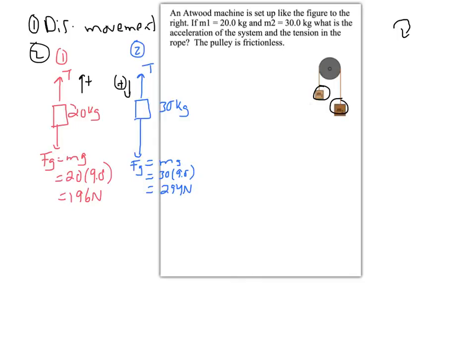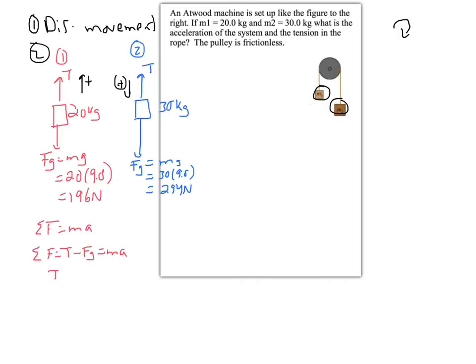Now the third step is we need to create our equations for each one. So let's create our equation for mass 1. Newton's second law states that the sum of the forces equals mass times acceleration. The sum of the forces is going to be the force up, tension, and the force down. Tension is greater than Fg, so the sum of the forces is tension minus Fg, and that's going to equal ma.